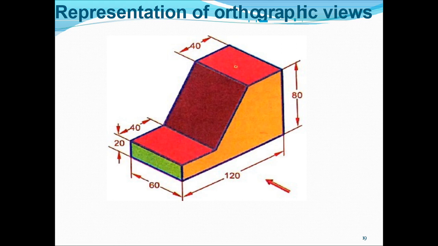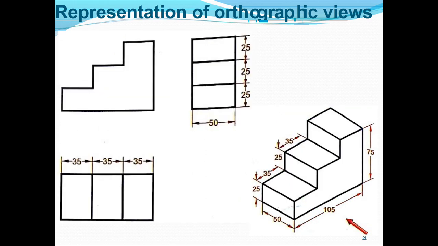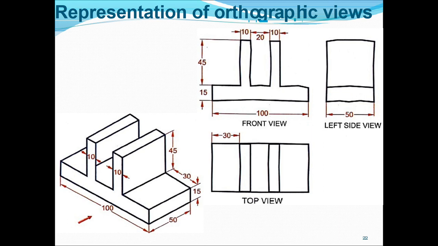Again this is also one of the easiest problems. See this problem and try to make the 2D diagram, or the front view, top view, side view for this diagram. This is the front view, top view and side view for this diagram. This is also given.